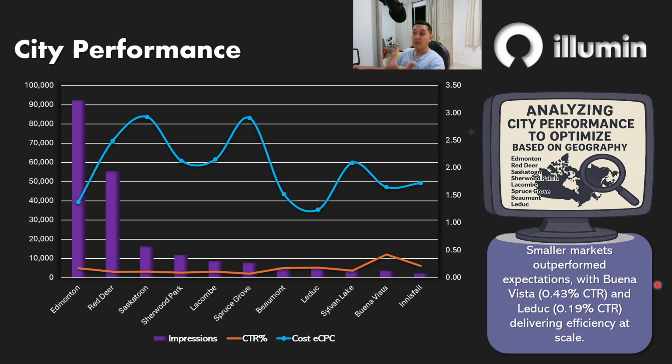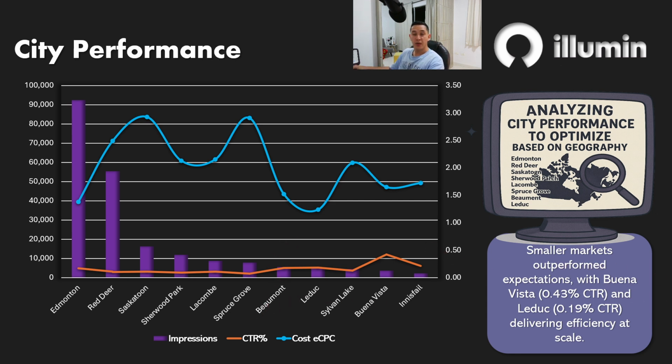This suggests implementing a three-tier geographic bidding approach, using premium bids for top performers, standard bids for mid-tier cities, and reduced bids for underperforming locations. This can really optimize our spend allocation, because we can shift budget towards the locations showing the most effective cost per click, while also considering locations that show an excellent click-through rate.